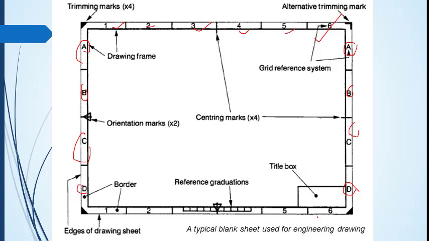Both numerical numbers and letters, that is A, B, C, D, are shown here for the purpose of a grid reference system. The other one that is shown here is the drawing frame. This one is known as a drawing frame.